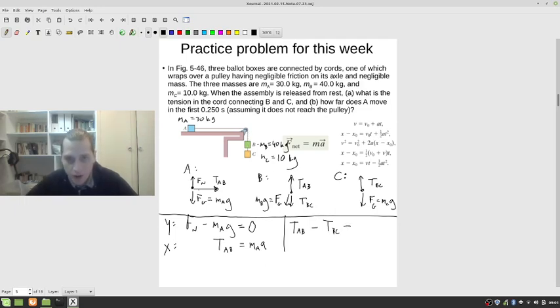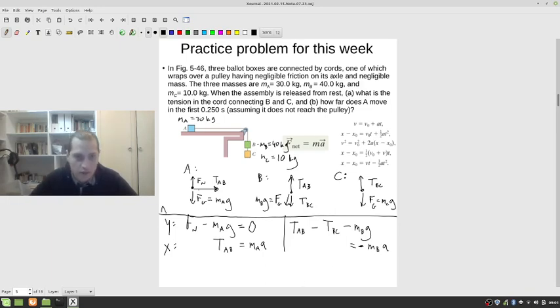And then we'd have minus the force of gravity, which would be MB times g, equals, and because this object would be accelerating downward, let's just keep our variables as positive, and I'm going to bring out the minus sign to say minus MB times a.